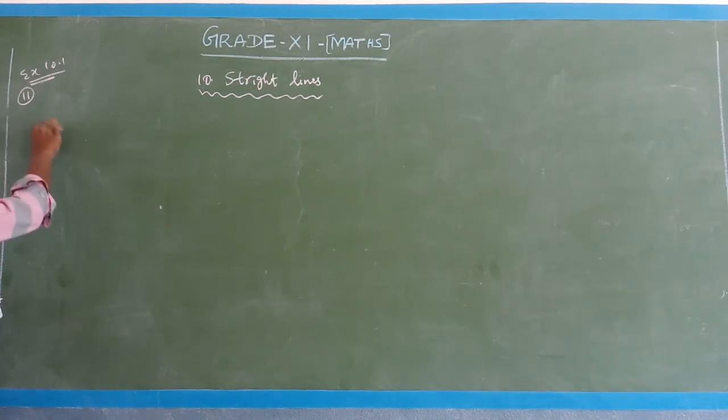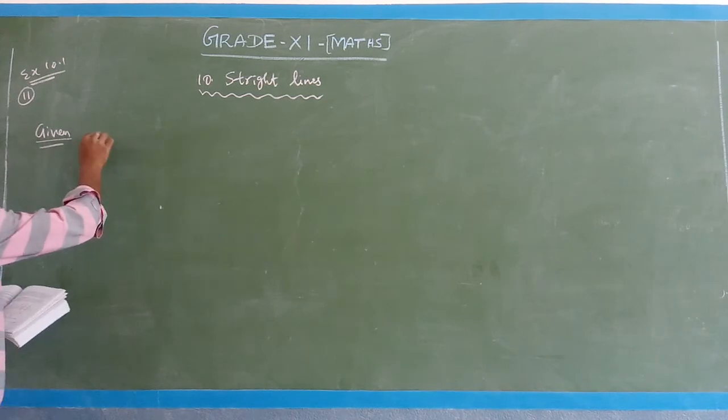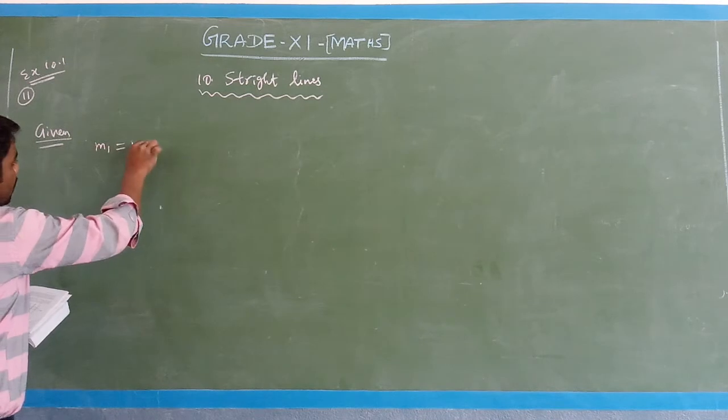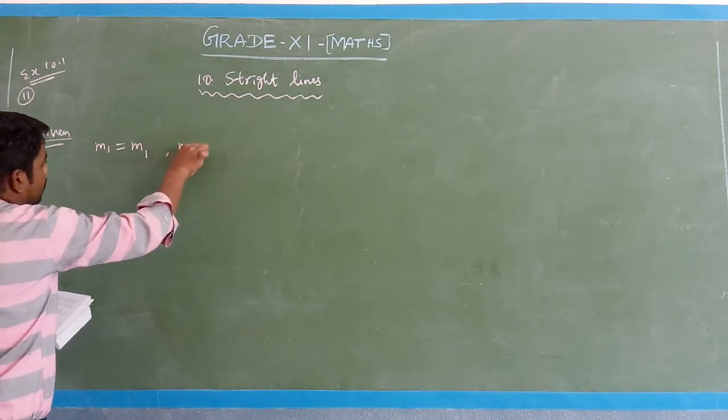Given m1 is equal to m and m2 is equal to 2m.